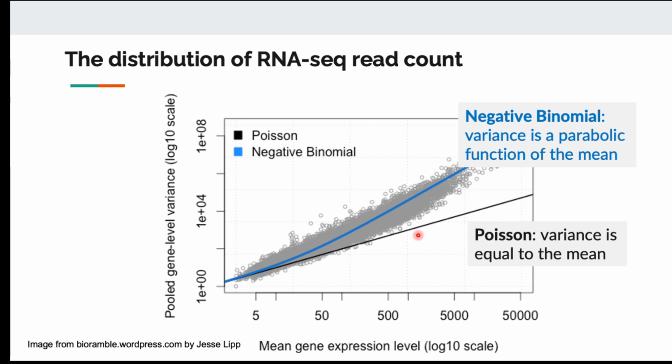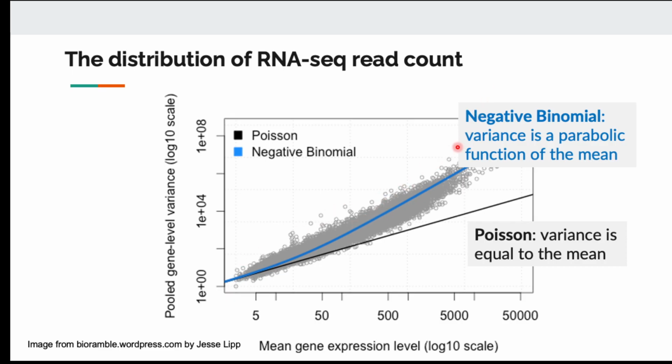The second thing that people noticed is if we try to imagine what kind of function follows the scatter plot of the data, it looks like maybe it's a parabola. As you have higher and higher mean, the y-axis goes faster and faster upward.